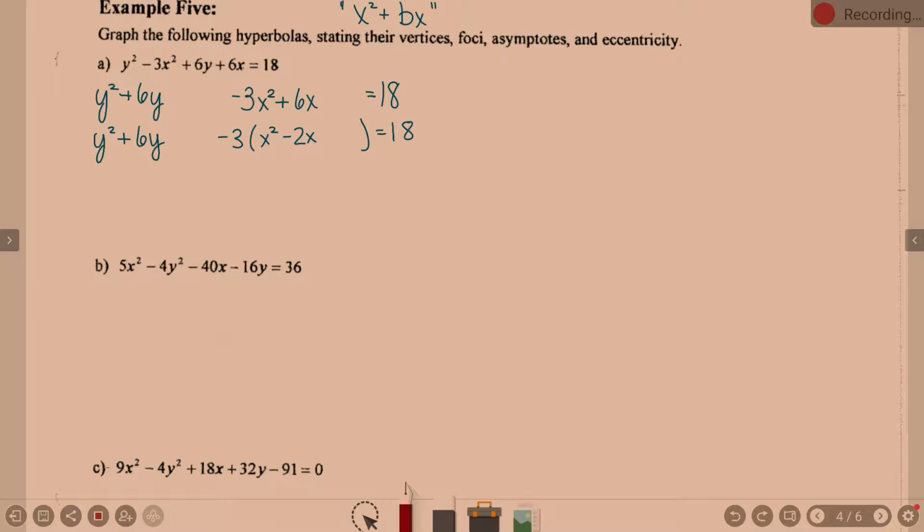How do I complete the square? B over 2 quantity squared. So, with my y's, b is 6. What am I going to add to complete the square if b is 6?